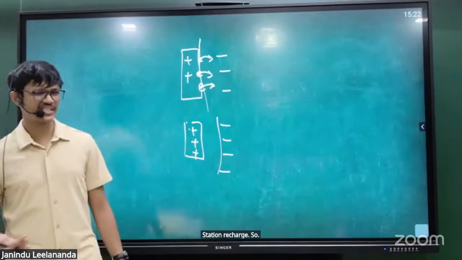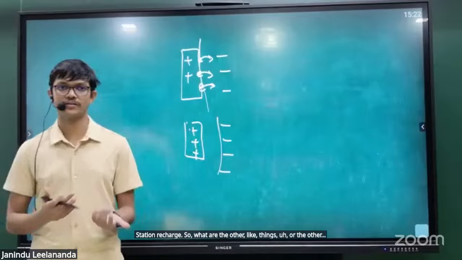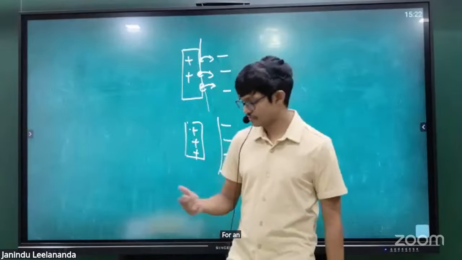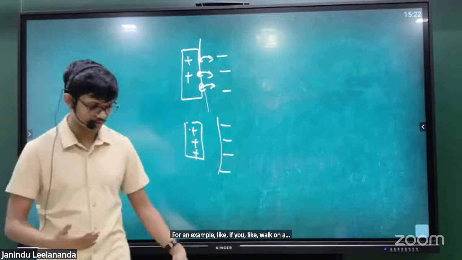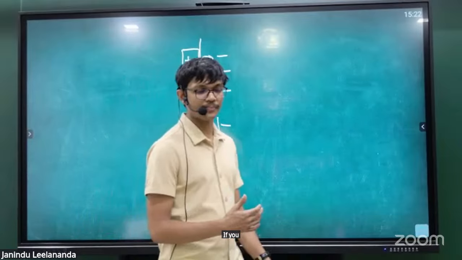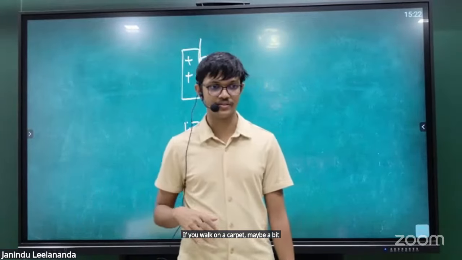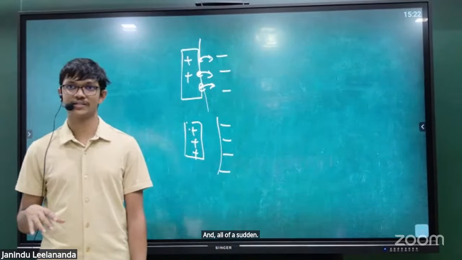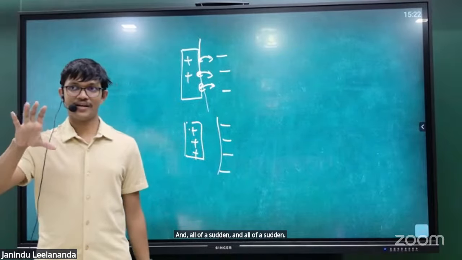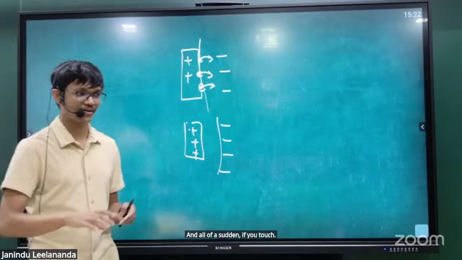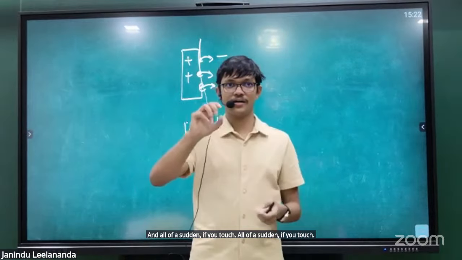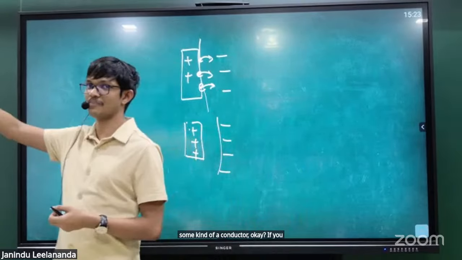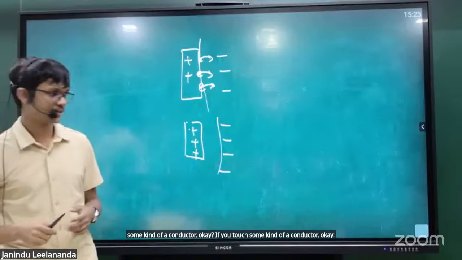So what are the other practical examples that we have seen related to static electricity? For example, if you walk on a carpet, maybe a long distance, and all of a sudden you touch some kind of conductor, what happens?